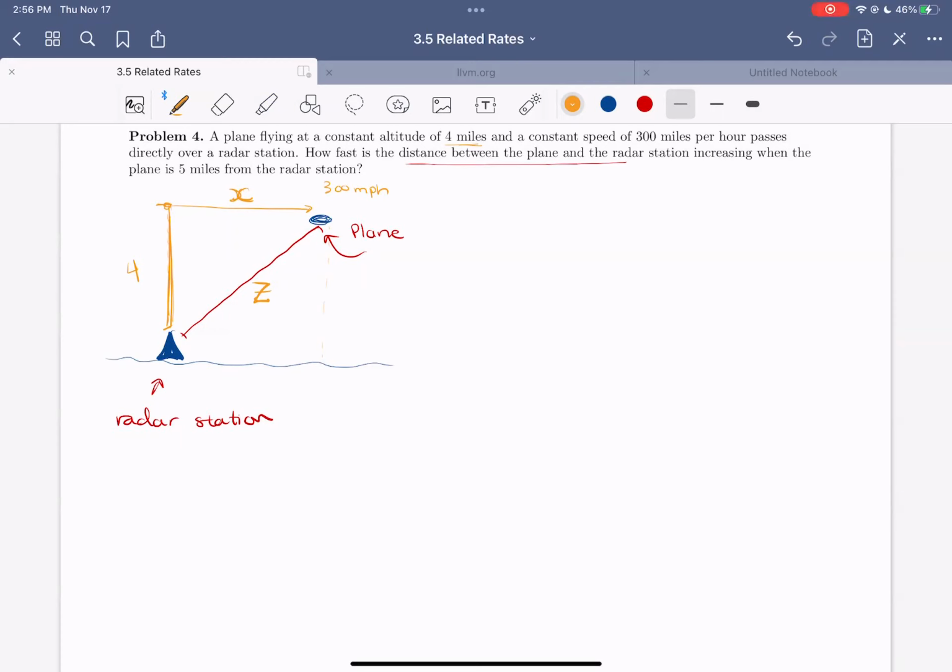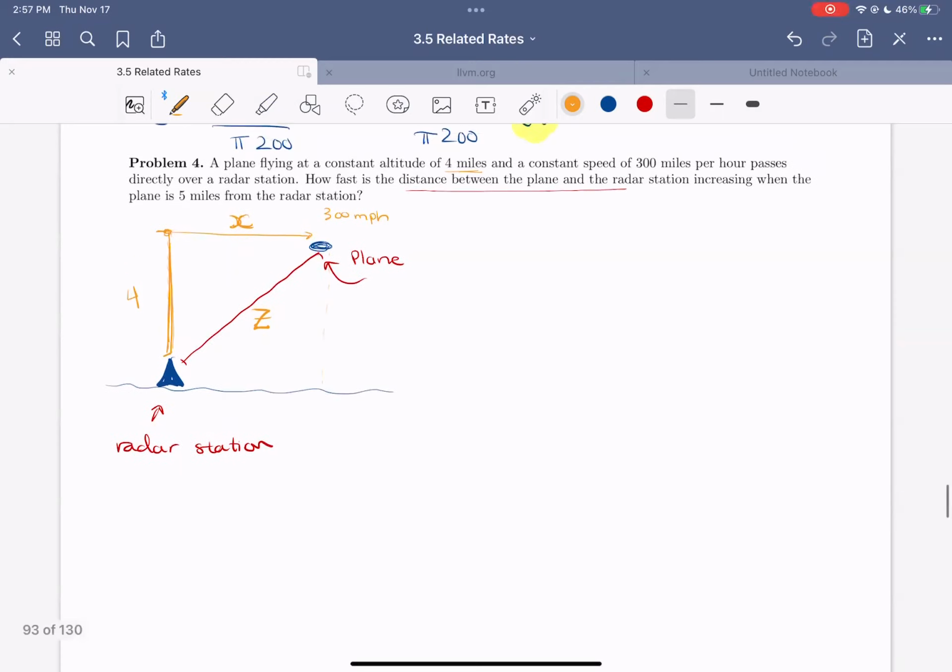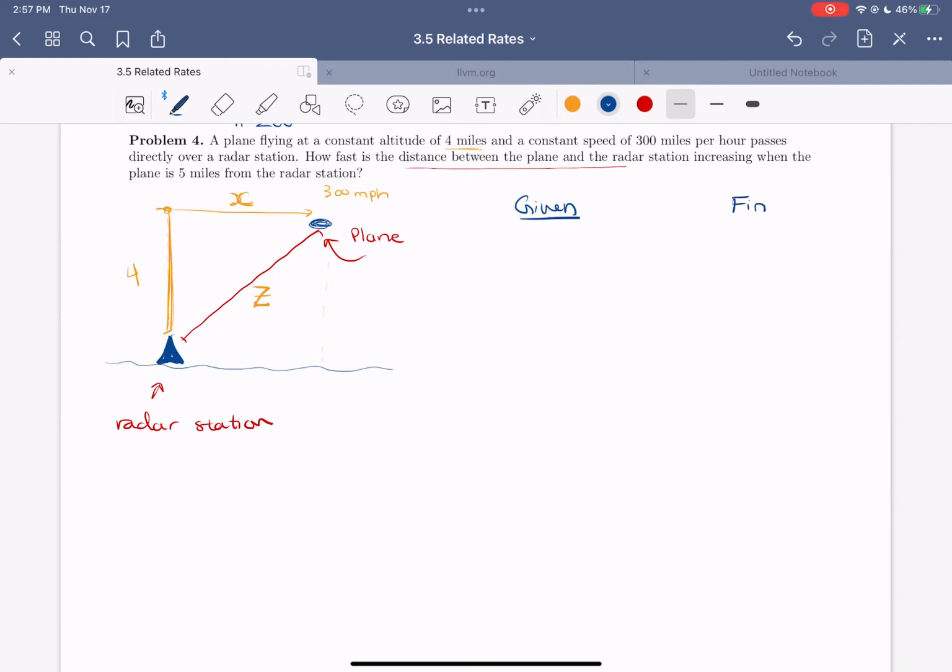So now it's time to create an equation that we want to use. So to do that, let's identify what we've been given and what we want to find. So we are given that the change of X with respect to time is equal to 300 miles per hour. We're told the speed of that plane. So that's the change of X. We are told that the plane is flying at a constant height of 4.